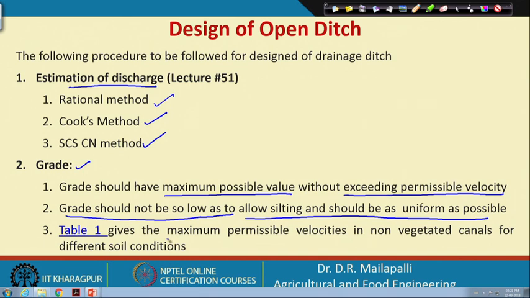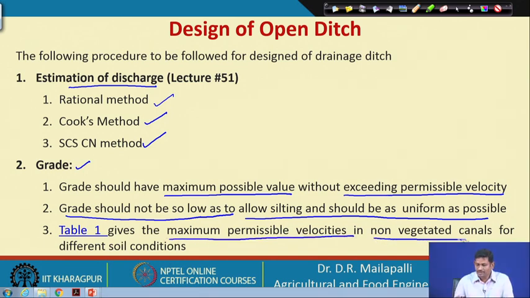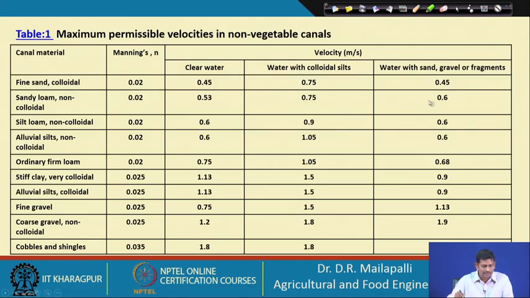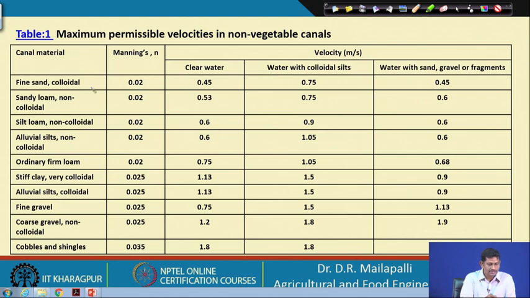Table 1 gives the maximum permissible velocities in non-vegetated channels for different soil conditions. This is table 1. The first column gives the canal material, let us say fine sand or sandy loam, silt loam, alluvial silt.